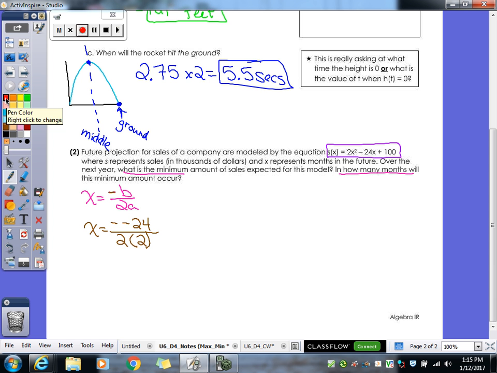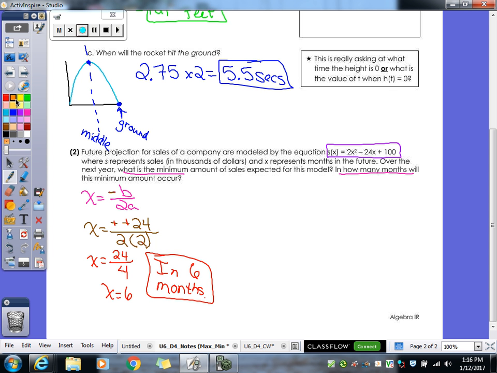So what happens with our negative negative 24? Positive. So I have 24 over 2 times 2 gives us a 4. So what is 24 divided by 4? 6. So in 6 months, that's when we'll reach our minimum. So we answered the second question first, but that's okay. You always got to get the time before you can get the other number.